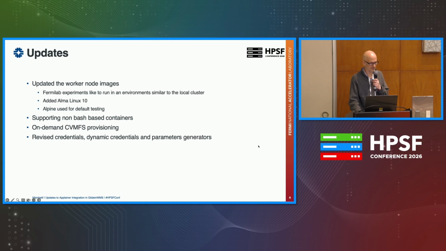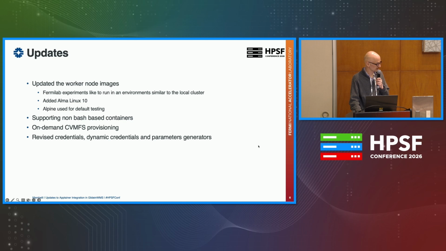We added some images that are not Red Hat based. Specifically, also for the basic test, we added a default small Alpine image so that it can be easily used for tests when other containers are not available.